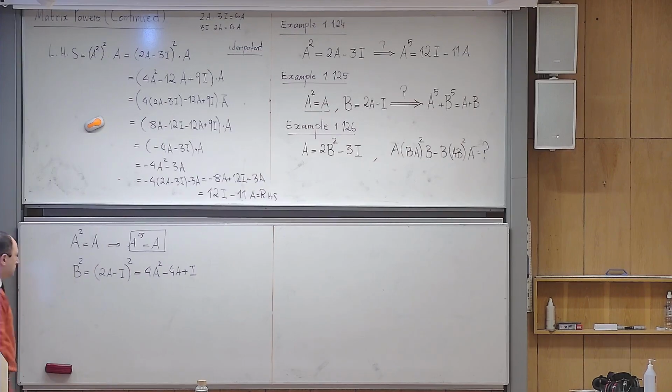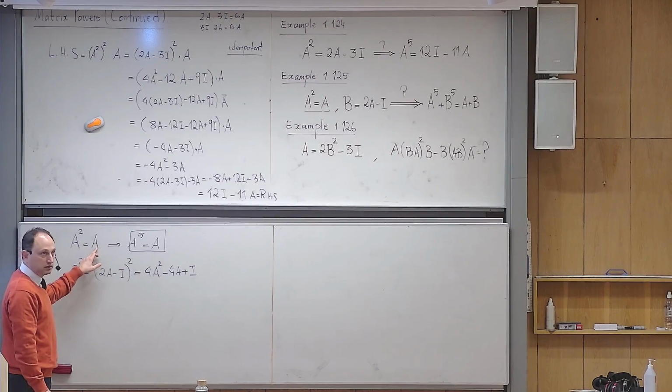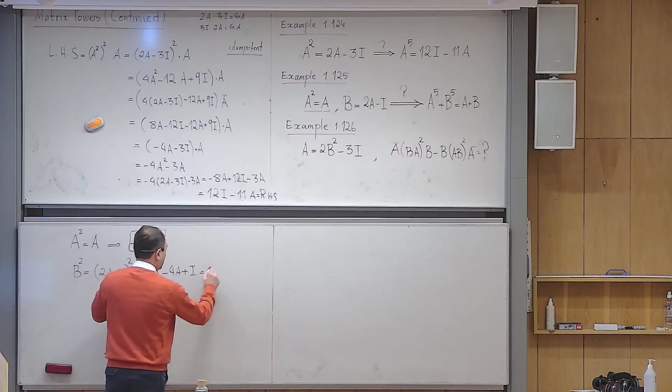But then what can I do? A squared is again A, so I can write 4A.